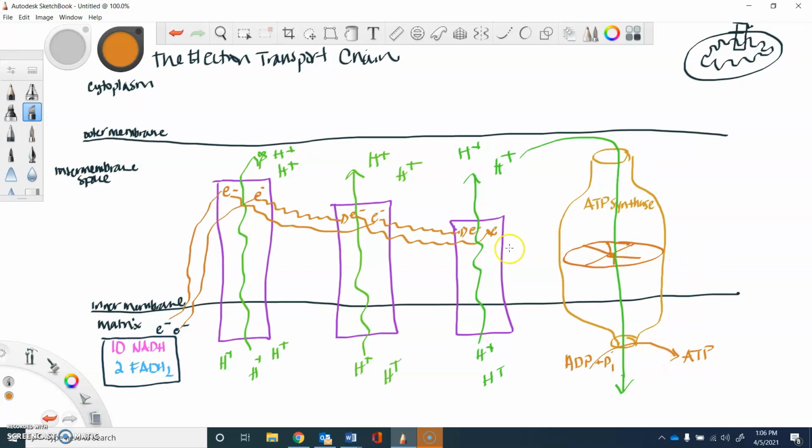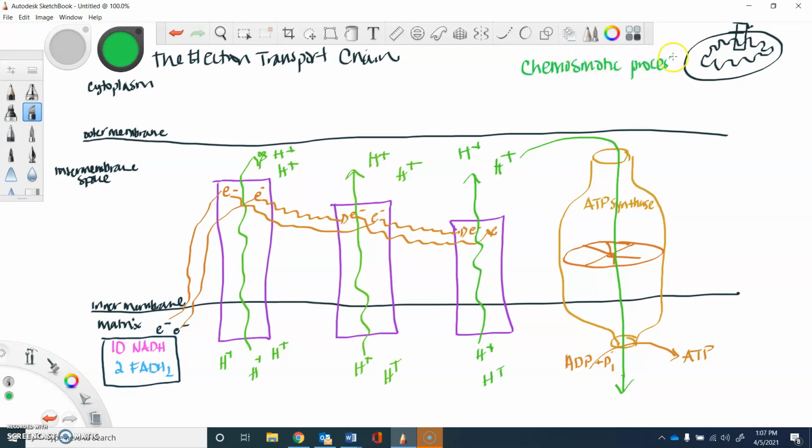This process where we're using this gradient of hydrogen is called the chemiosmotic process.